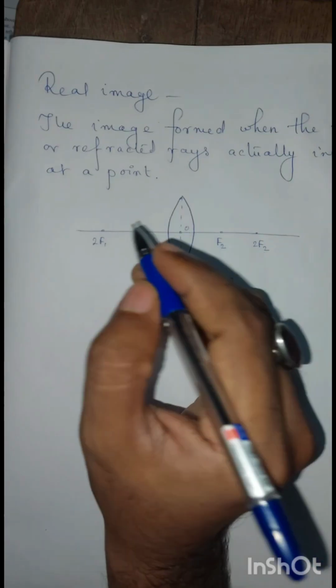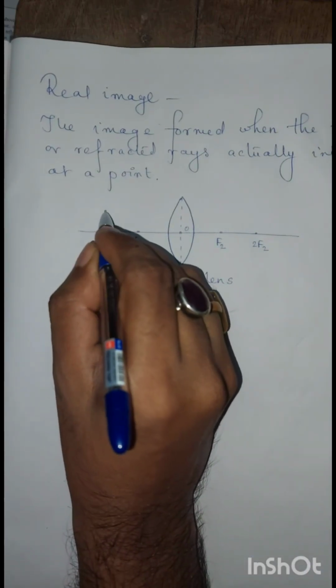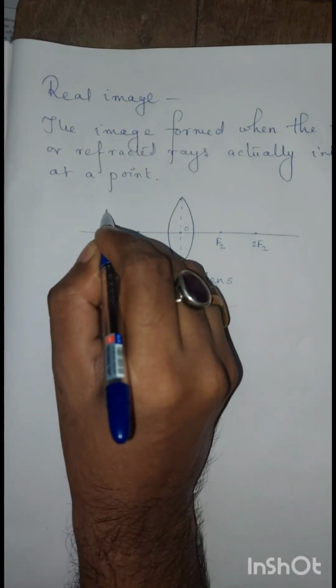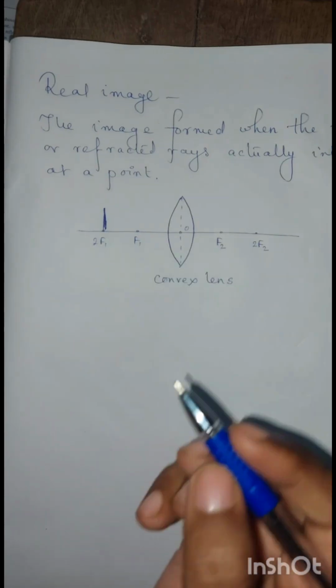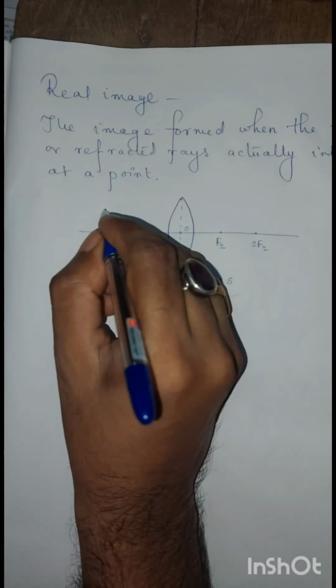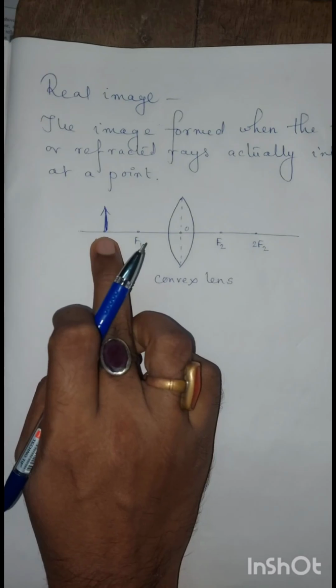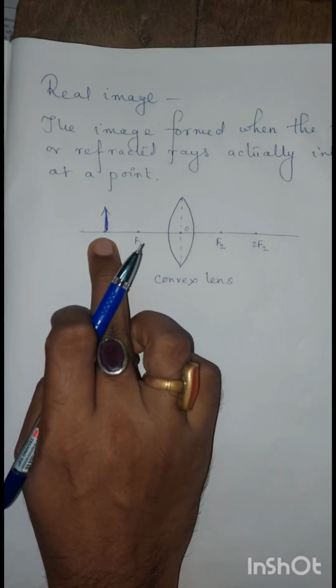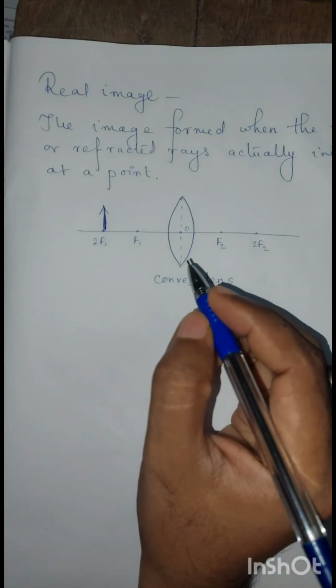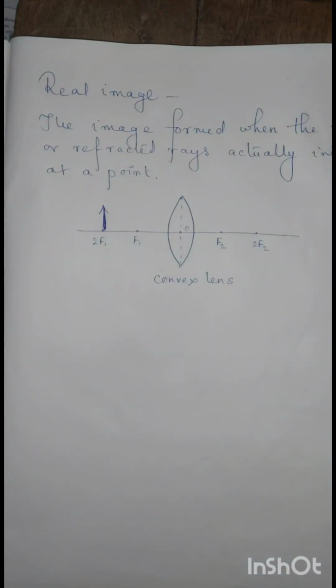Now let us assume we are putting an object here. Okay, this is our object. So if we put this object at this point, then when we draw a ray diagram, we need to remember it.